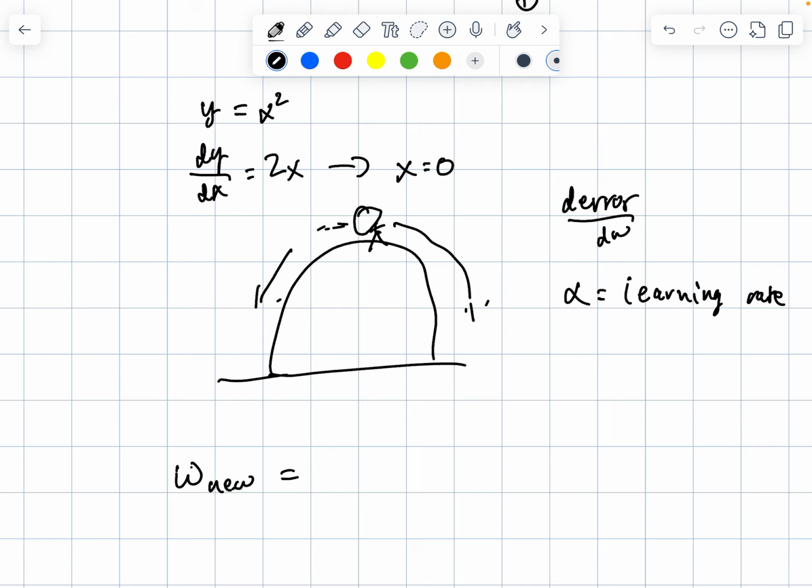The model has these parameters called weights, which tell you which parameters to emphasize more, so the model knows, given a specific input, how to predict an output. So we update the weights by saying the new weight is the old weight minus our learning rate alpha, the size of the step, times the derivative of our error function, right?